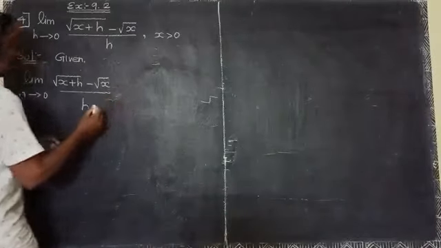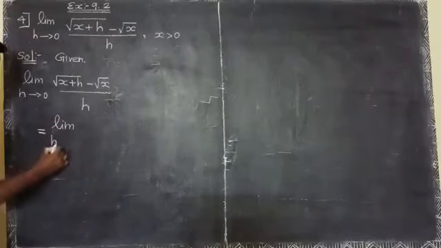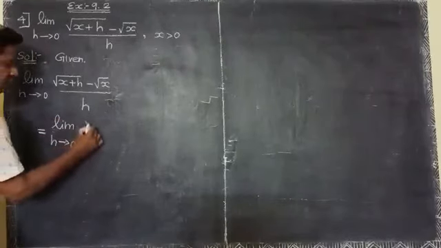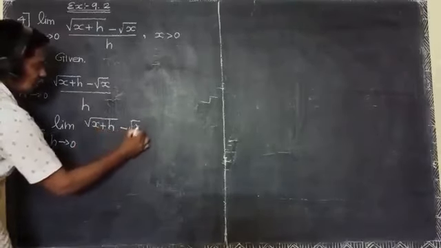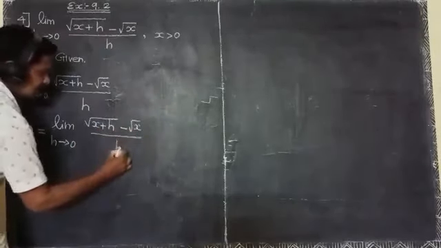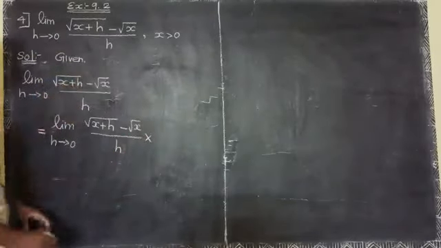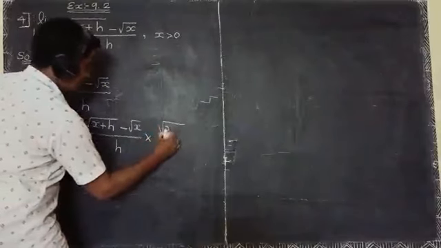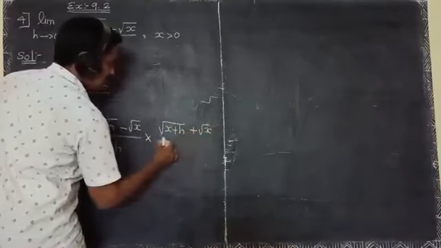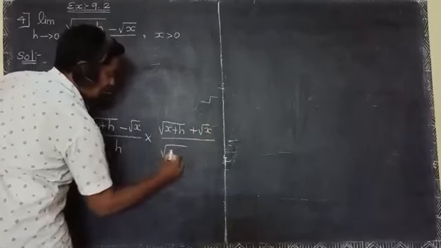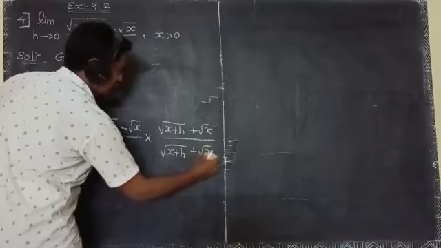Which is equal to limit h tends to 0, square root of x plus h minus square root of x divided by h, into the conjugate of the numerator, that is square root of x plus h plus square root of x divided by square root of x plus h plus square root of x.